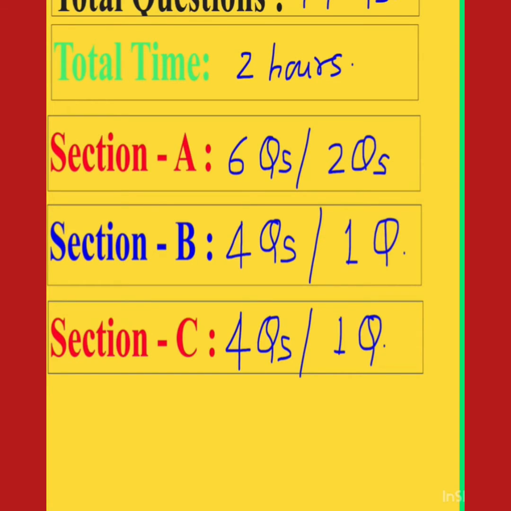In section A, all questions are of 2 marks, in section B each question is of 3 marks, and in section C all questions are of 4 marks. So this is the pattern of the question paper.